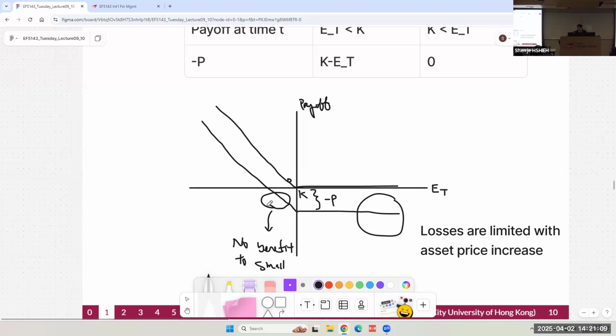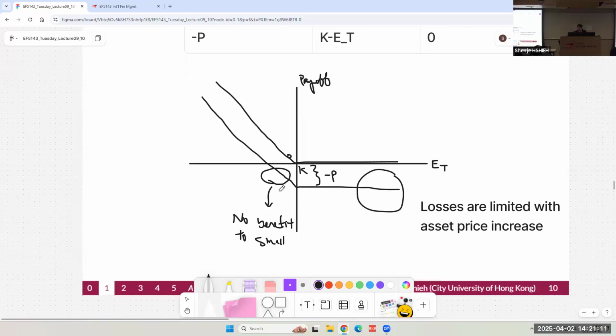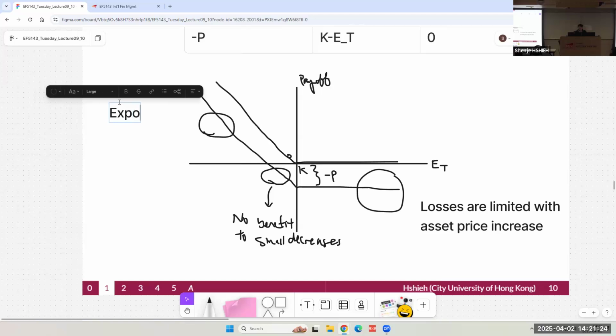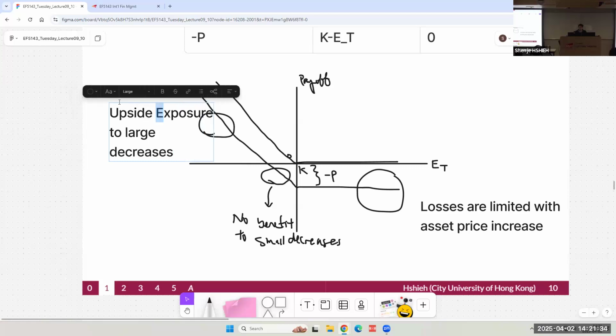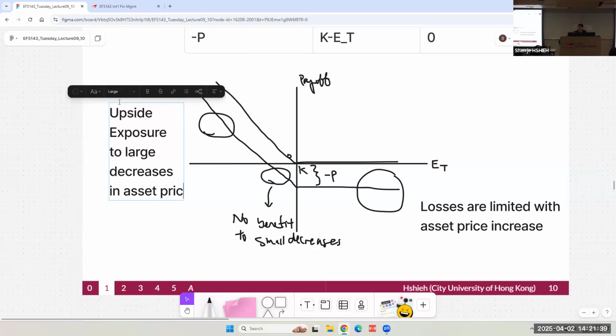So you're trading off this, betting there are no small decreases in the underlying asset. And then you have exposure to large decreases. So large upside exposure to large decreases in asset price.